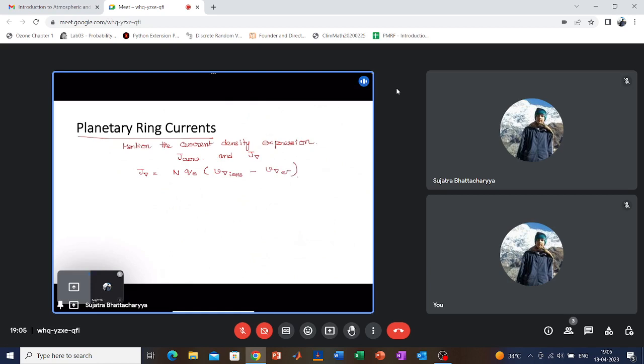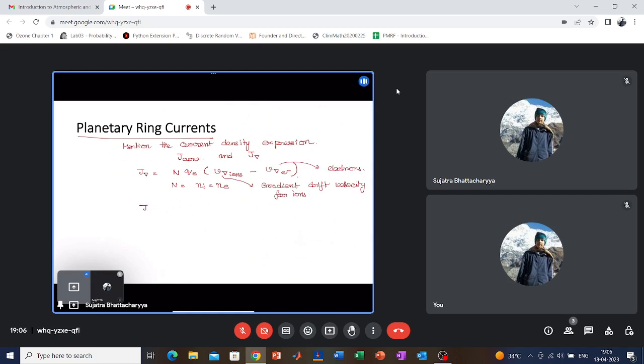Now what is this N representing? It is nothing but the number of ions, that is the number of electrons. For plasma we generally consider them to be the same. And these are nothing but the gradient drift velocity for ions, and the same for electrons, right? And Q_E is known to us. It's the charge of the electrons.